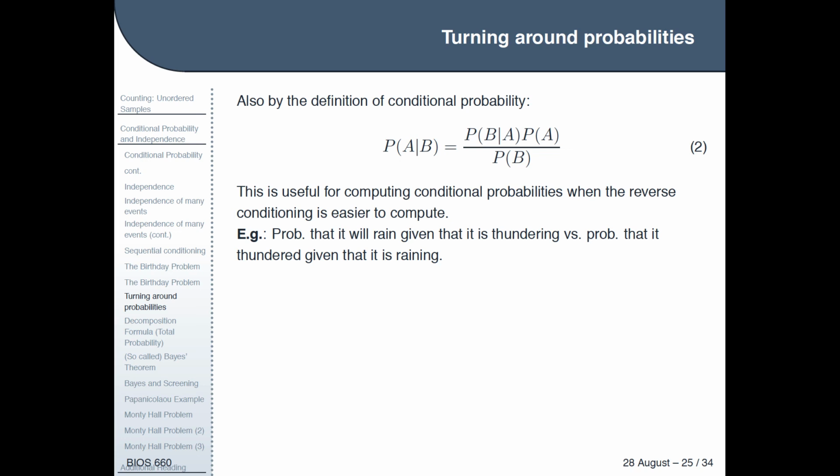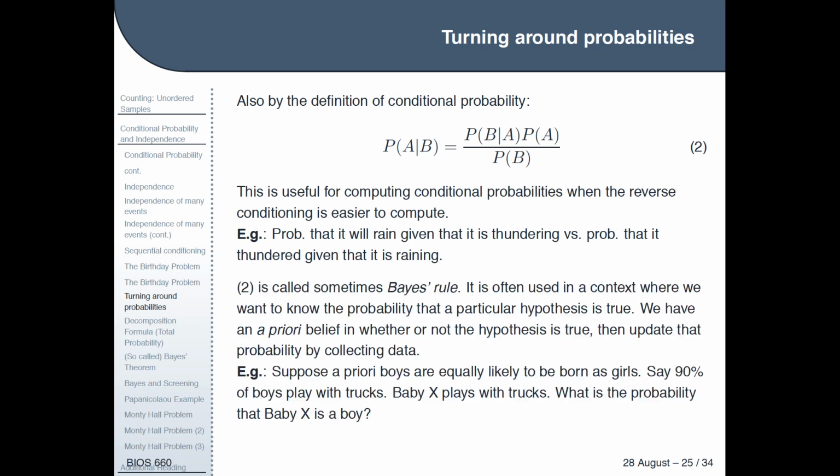The example on this slide is that it may be hard to compute the probability of thunder given that it's raining, but you know that given that there's thunder, there's almost certainly rain, so you could compute the other way around. It's kind of a strange example. Maybe I should have put in a different one.